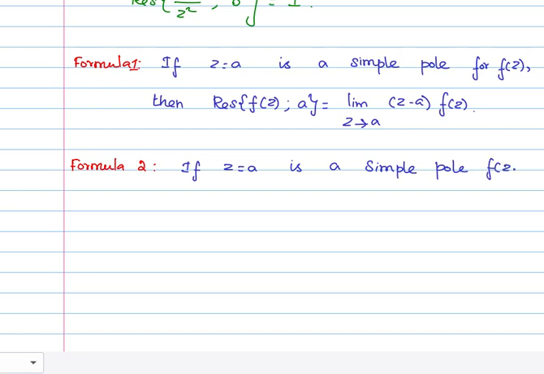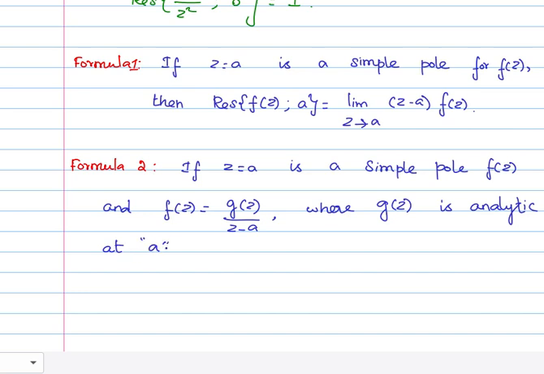For f of z, you can represent f of z in terms of g of z divided by z minus a, where g of z is analytic at a and g of a is not equal to 0.